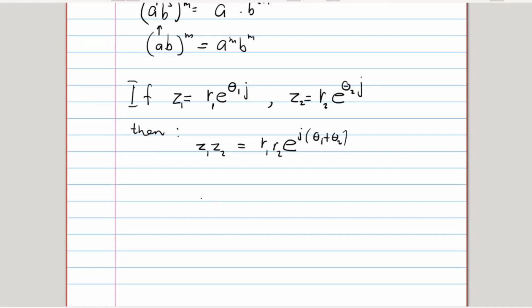Okay, and with division, it's basically what we have written down already. It's R1 over R2, and it's e to the j(theta 1 minus theta 2). And then Z1, for example, to the n, well, this is just R1 all to the n, and then it's e to the j n theta 1. Okay, so those are your laws of exponents applied to exponential form.